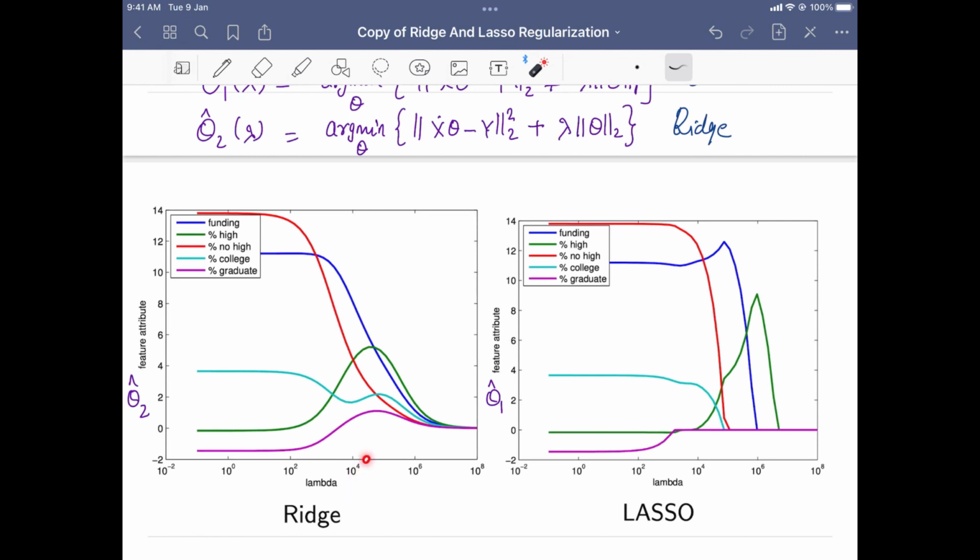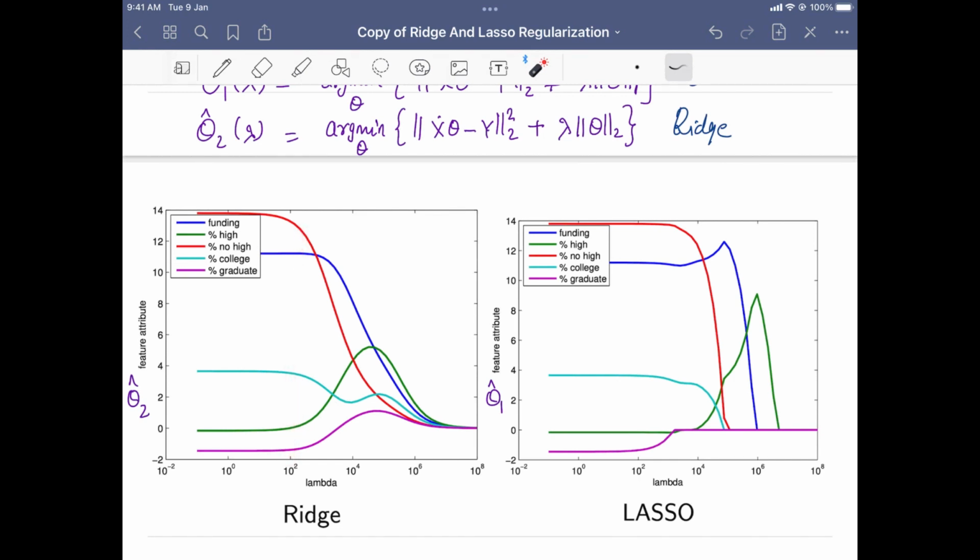If I take this lambda and plot the line here, all of them will have some value. If you go here, then also, except this green one, all of them have some values. That shows that ridge regression is giving weightage to all these features in some amount, and is trying to address all of them at the same point.